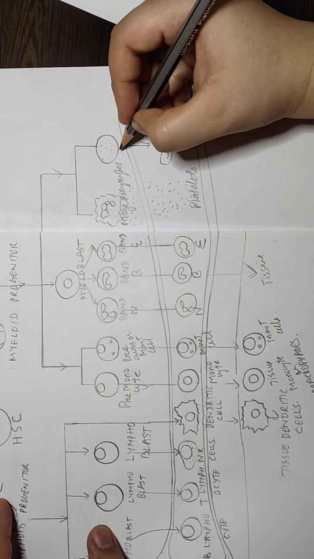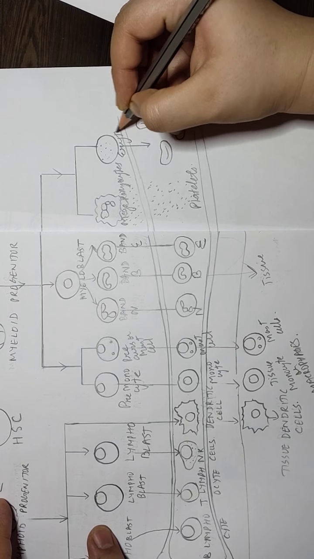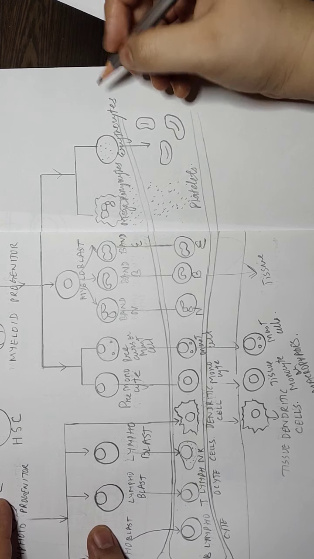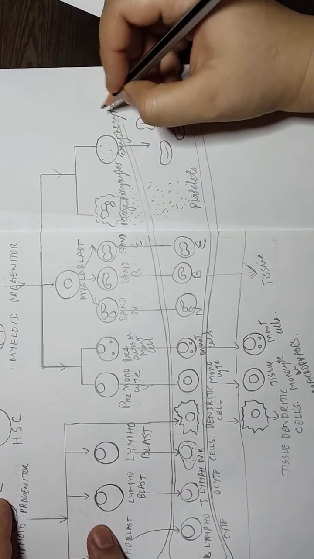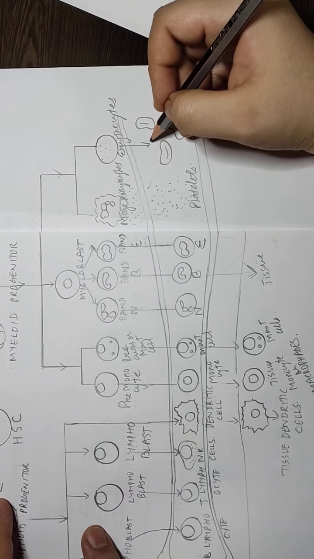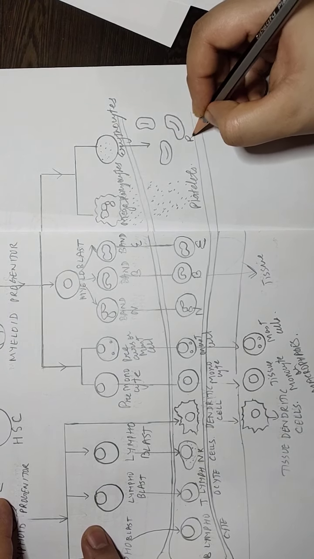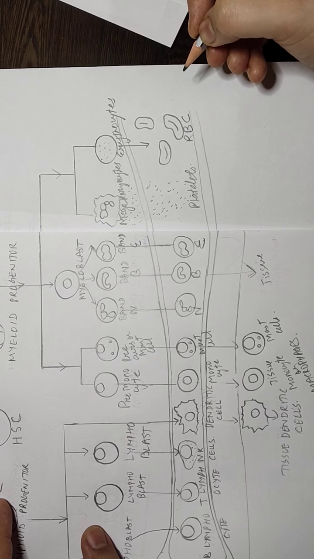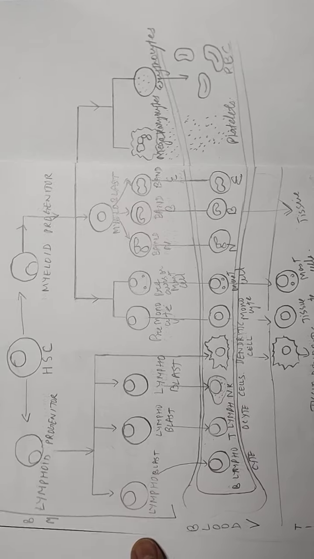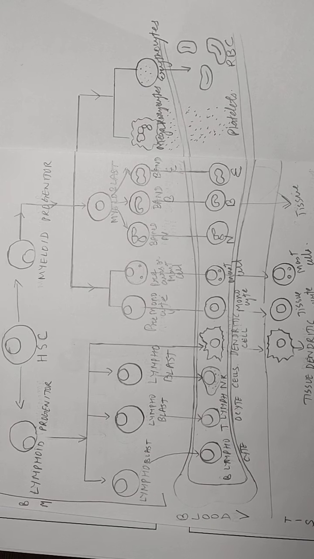The last point is your erythrocytes. These erythrocytes are immature inside the bone marrow, but when they enter the blood vessels, they become mature red blood cells. Okay, so in a very simple way, I've tried to explain the haematopoiesis.